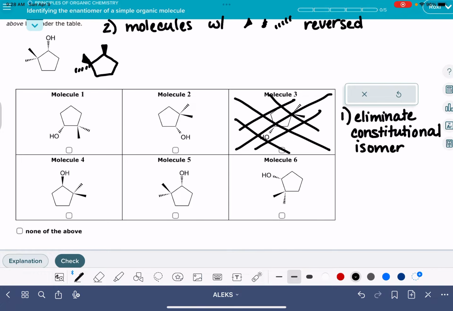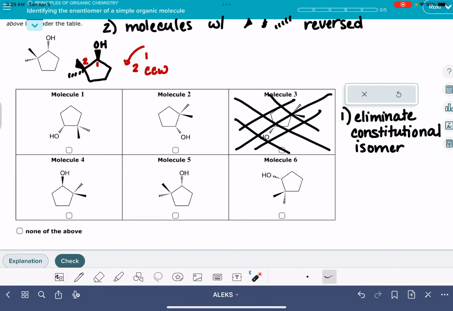My OH on the left side is going to be sticking straight up, and it's going to have reversed stereochemistry. So instead of the OH group being on the dash, the OH group is now on the wedge. So I'm looking for this exact pattern. I have the OH on carbon number 1, and the methyl groups are on carbon number 2 when I am going counterclockwise in the molecular structure.